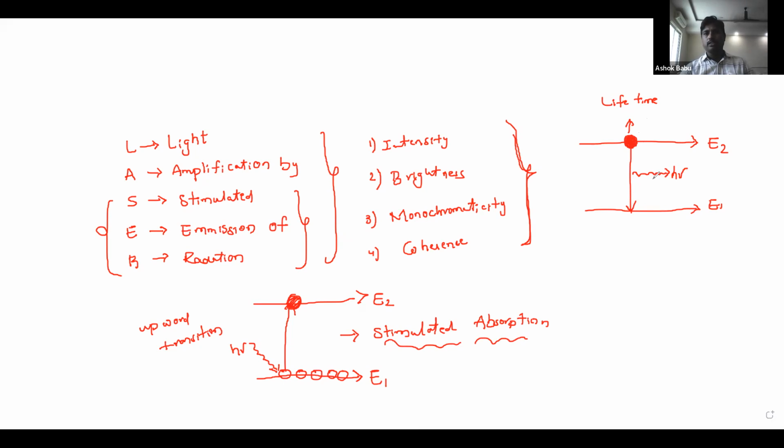This is called spontaneous emission, which occurs after completion of the lifetime of the atom in the excited state. Before completion of the lifetime, one more emission is possible, called stimulated emission. What will happen in the stimulated emission process? Again I am taking two energy levels E2 and E1 to explain it.